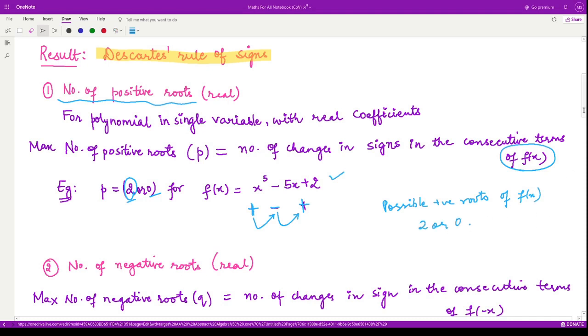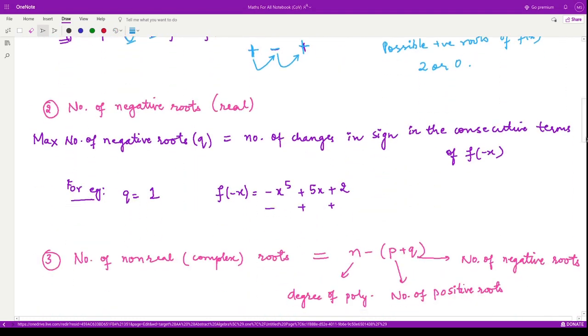Now let us look at the number of negative roots. The number of negative roots is calculated by checking the signs of f of minus x. So in our polynomial we just have to replace x with minus x. Our polynomial earlier was x raised to power 5 minus 5x plus 2.